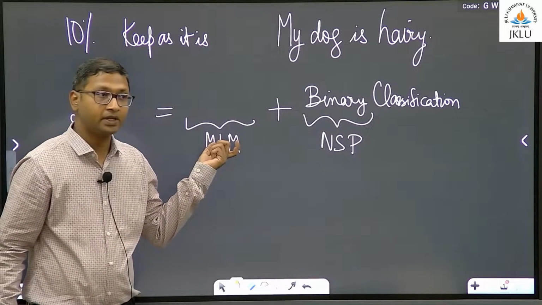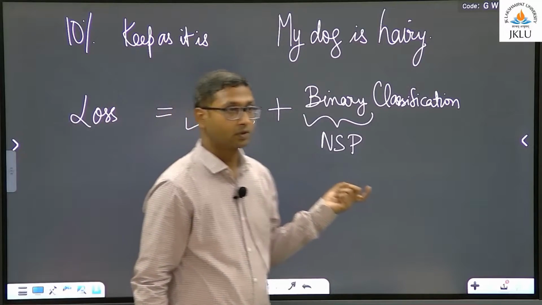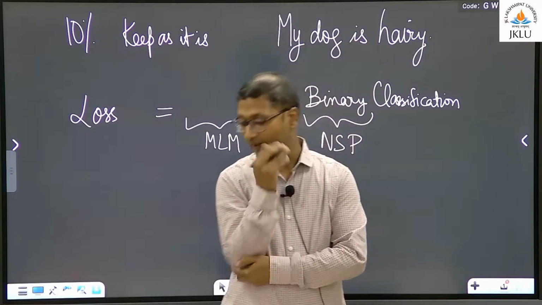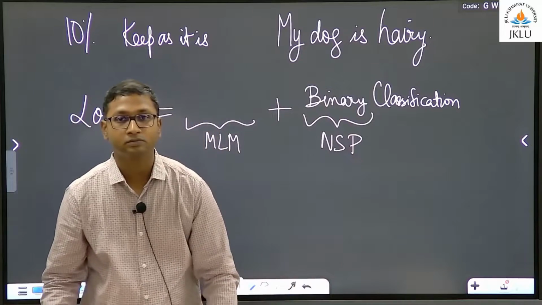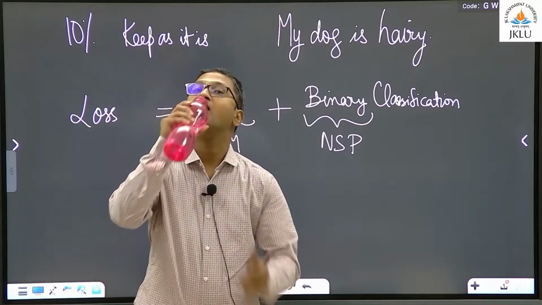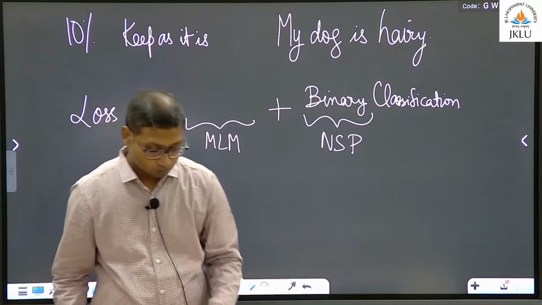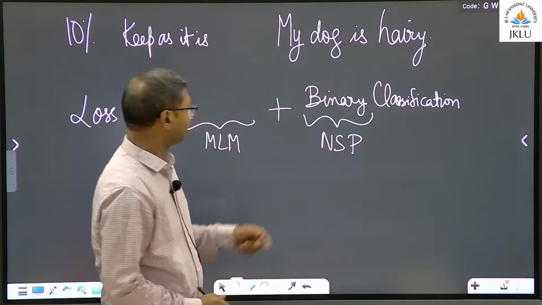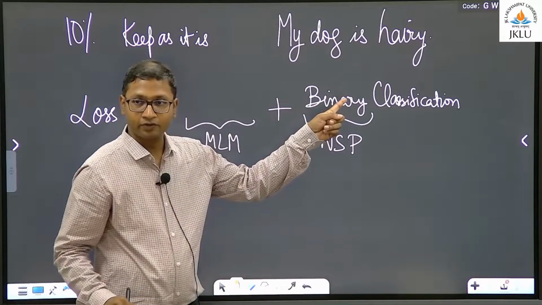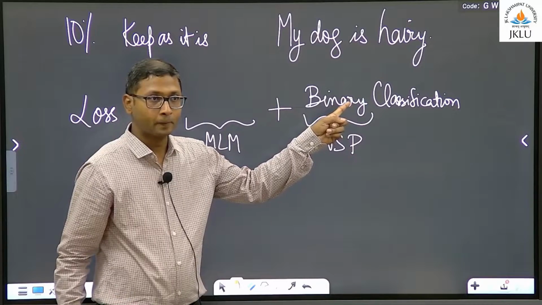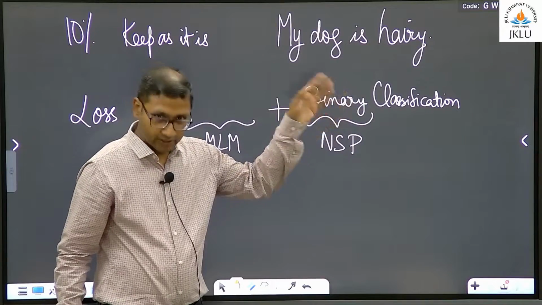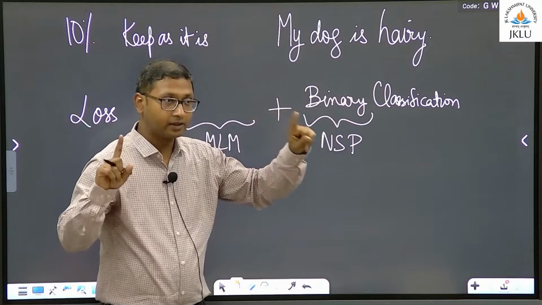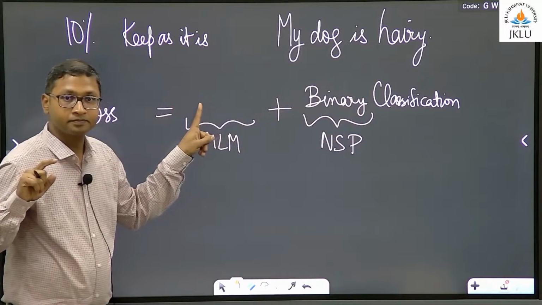And what about this MLM here? Which loss will you use for MLM? For binary classification, what will you use? So that is cross entropy, right? What will you use for MLM?